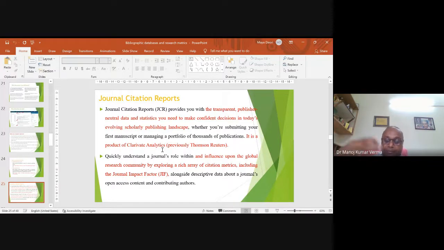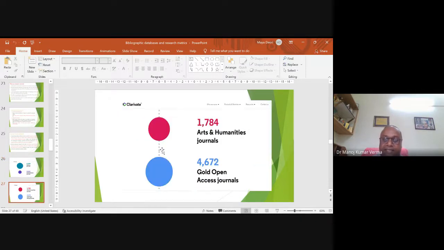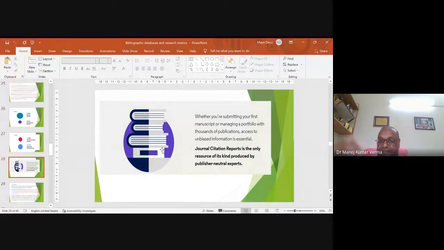On the basis of the journal impact factor, the JCR was prepared. Suppose there are 9,509 science journals, 3,511 social science journals, 1,758 arts and humanities journals, and out of all the total publications, 4,672 gold open access journals. So the journals indexed in Web of Science are ranked on the basis of their citations.